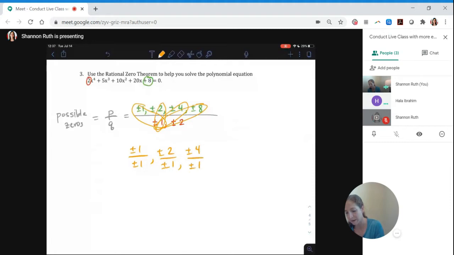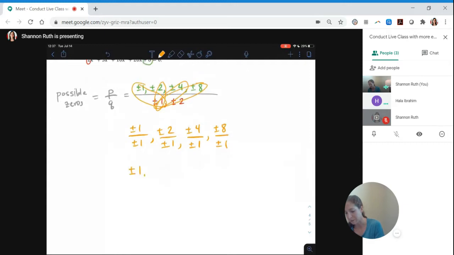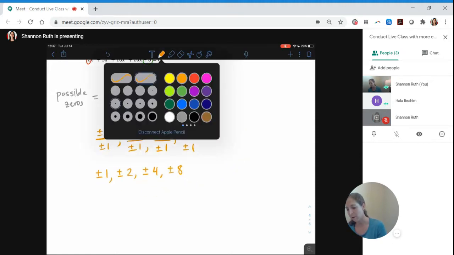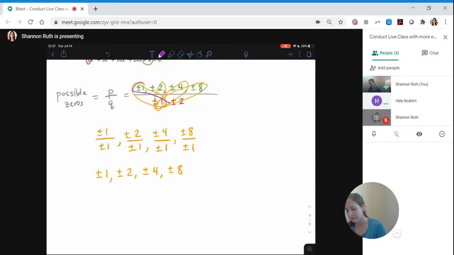Some of you will recognize dividing by 1 doesn't change it, so I really don't need to show. Yeah, so that just really means plus or minus 1, plus or minus 2, plus or minus 4, plus or minus 8. So then what I'm missing from my list is I still need to show, yeah, good, the dividing by 2.